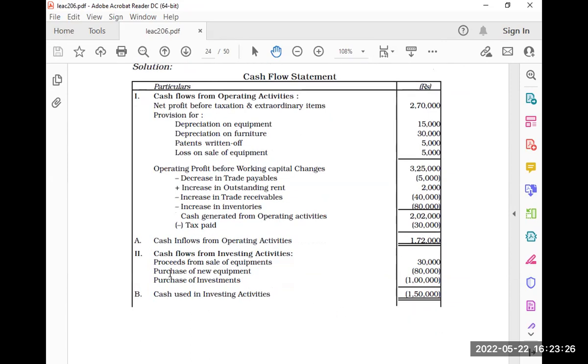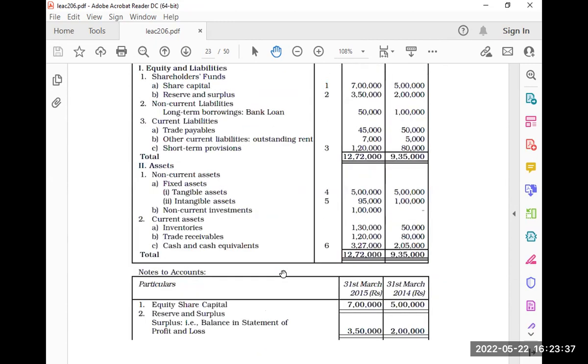Similarly, come to the next one, cash flow from investing activity. To know the investing activity, what should I refer to? The balance sheet again, asset side. Go to the asset side, non-current assets. Look at this, intangible asset: 1 lakh to 95. Tangible asset, 5 to 5. Only B is increasing.